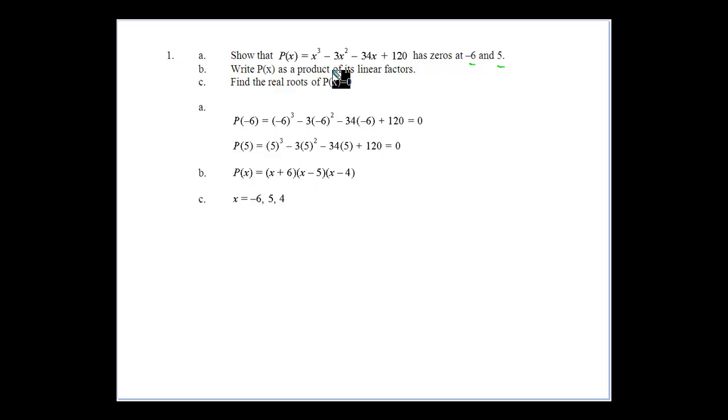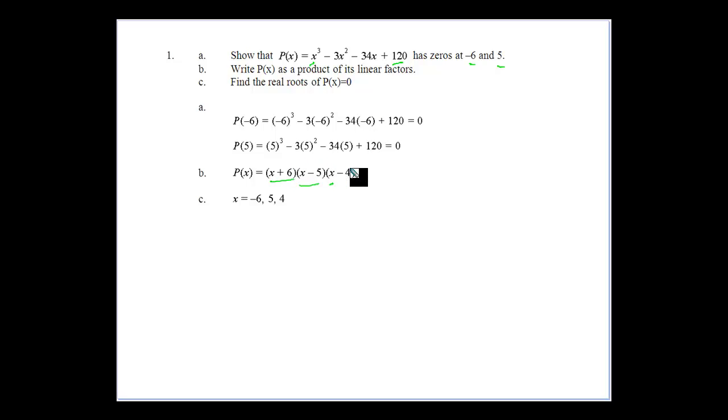Therefore, if we're writing it as a product of its linear factors, I know x plus 6 and x minus 5 are going to be factors. And that just leaves us to get another bracket there. When we look at our polynomial, it's x cubed, so we know it's going to be x there. And it's 120 as our constant term, so 6 times minus 5 gives us minus 30.